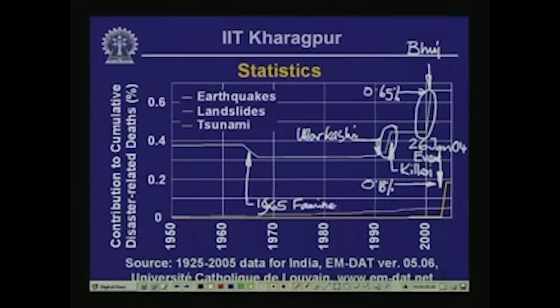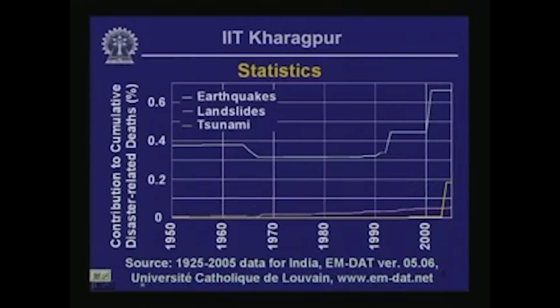Many people died as a result of that particular famine, so the contribution of earthquakes to the total disaster related deaths actually showed some decline around that particular time frame. Okay, so that actually sets the stage.